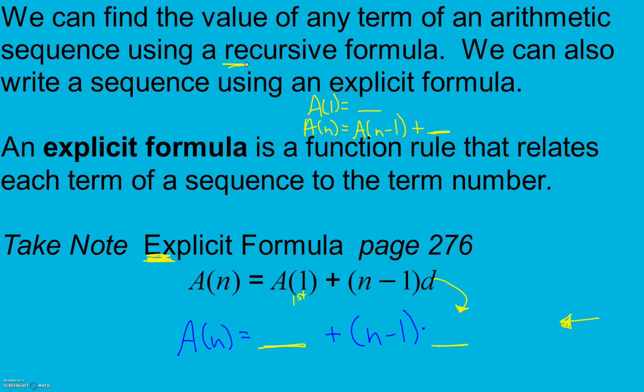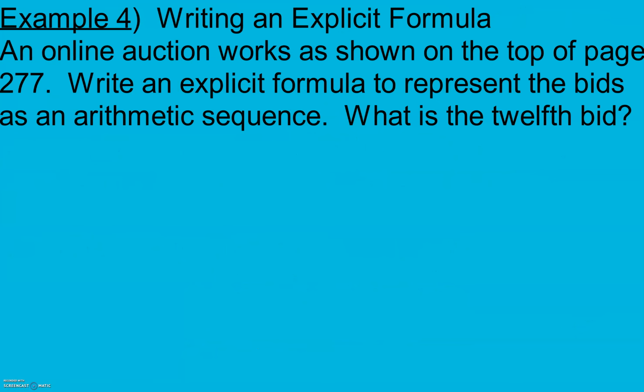So with recursive, we have 2 rows and we repeatedly add that common difference. With explicit, we have exactly one equation that lets us find the exact term we're looking for without having to find everything beforehand.